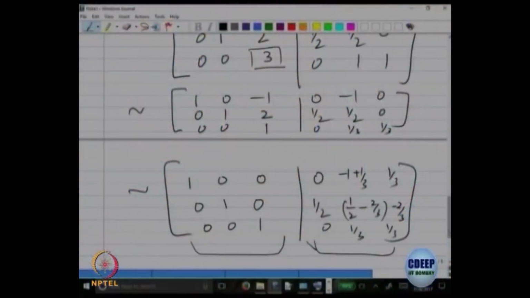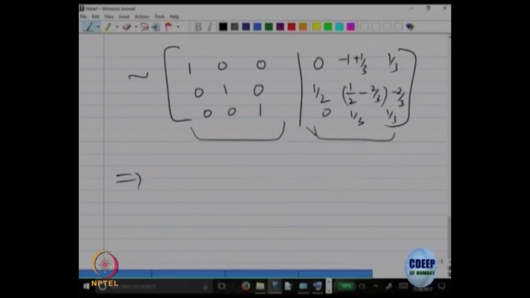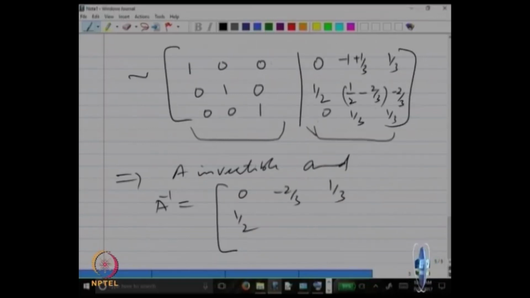So, we can write from here A implies A invertible, and A inverse is equal to 0, minus 2 by 3, 1 by 3, half, and so on. Anyway, it does not matter, simplify 1 by 3, 1 by 3.